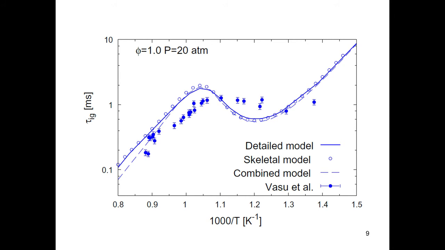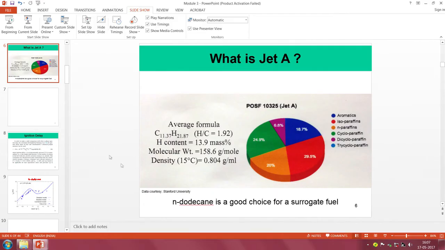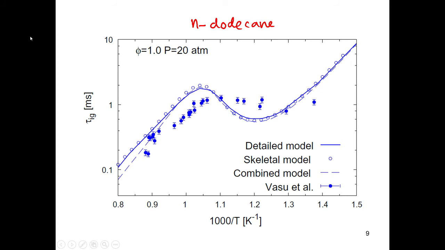This was for normal Dodecane. Yes, as we remember, Dodecane was essentially the surrogate fuel for kerosene. Okay. And this Dodecane shows this interesting negative temperature coefficient.